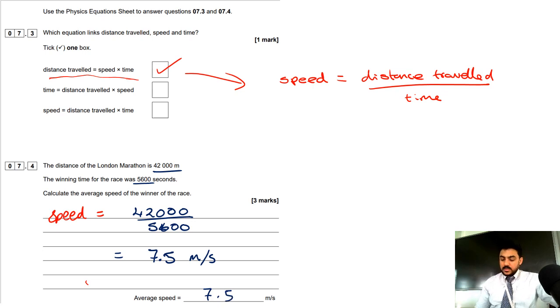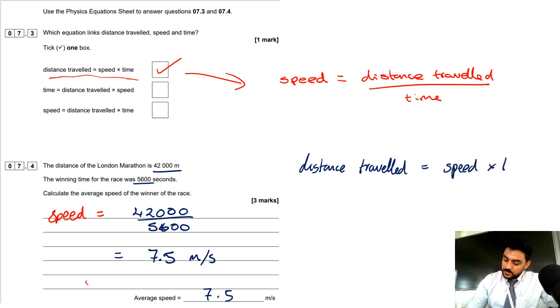How would I have done that if I didn't rearrange first? Instead, I put the numbers into the equation first. Well, I would use this equation: distance traveled is equal to speed times by time. And I will say 42,000 is equal to speed times by 5,600.